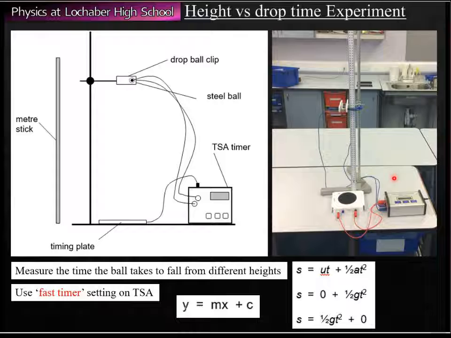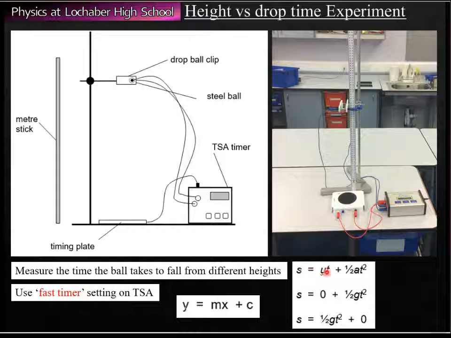Both this and the little clip allow electricity to pass through, and we plug those things into our TSA timing box. When you open the clip, that starts the timer, and when the ball strikes the plate, it stops the timer. This allows you to make very, very precise measurements of the time it takes for this ball to fall.